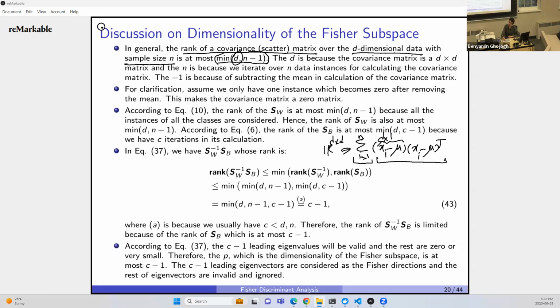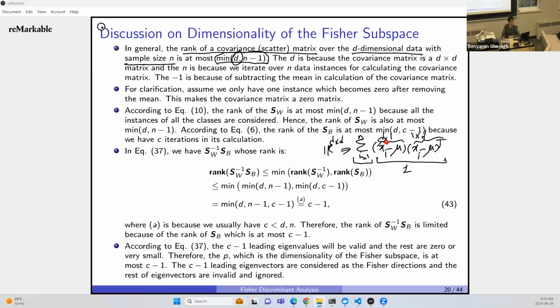D by 1. What is the dimensionality of x minus mu transpose? 1 by d. So d by 1 times 1 by d. What is its rank? 1, right? It's exactly 1.